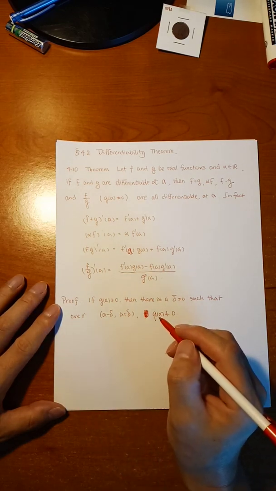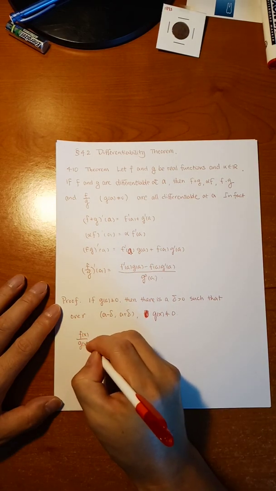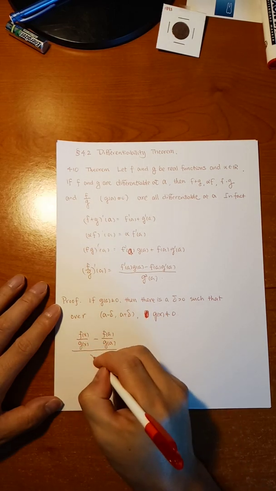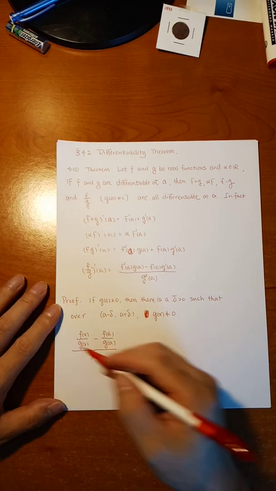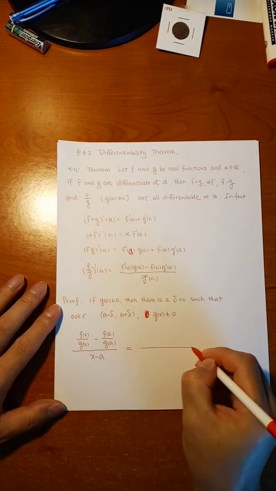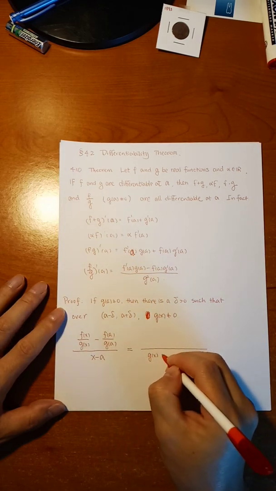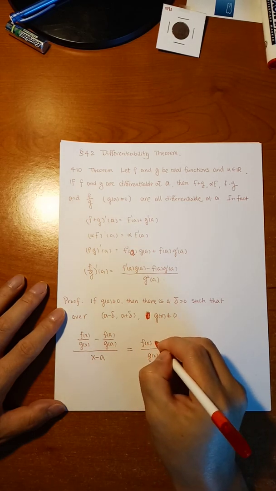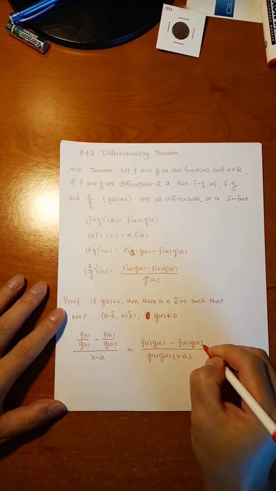And next, let's compute the derivative. So f of x over g of x minus f of a over g of a, over x minus a. Right? This is the computation before the limit, and then you take the limit as x approaches a. So we find the common denominator to do the division: g of x, g of a, x minus a. Here's f of x g of a minus f of a g of x.